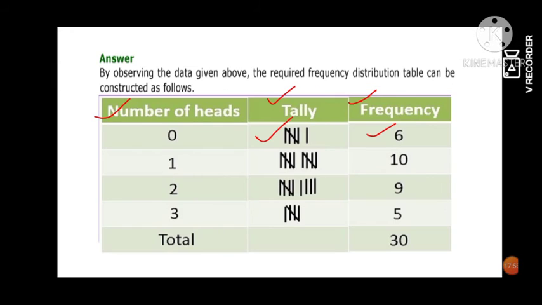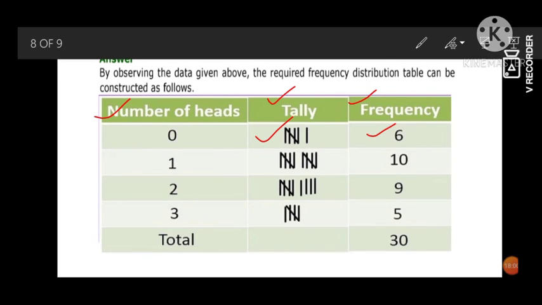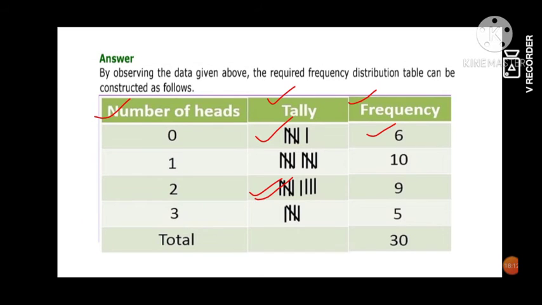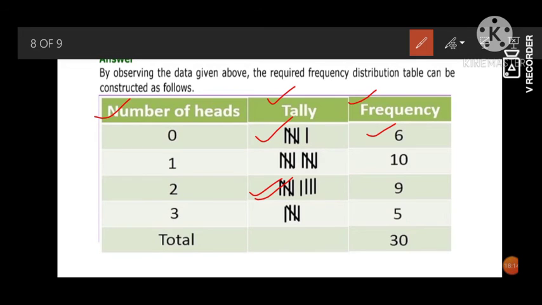Here also we are getting 9. So the tally frequency should be 9, and the number of times heads occur as 2 is also 9. And the last one, 3 heads, we will see that it is 5 times. So on adding all these numbers, we will get the frequency as 30.